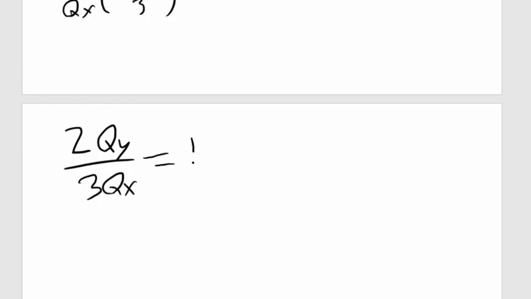So that then gives us 2QY over 3QX equals 1.44.